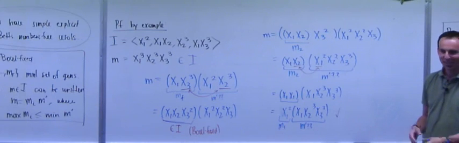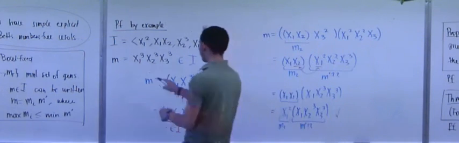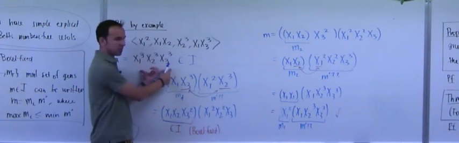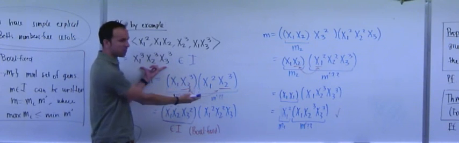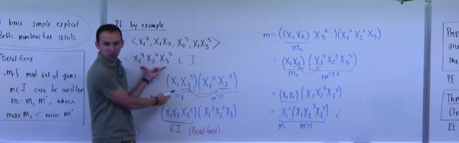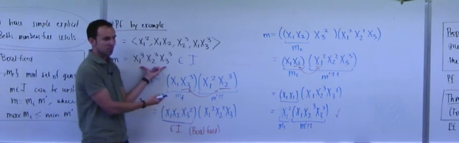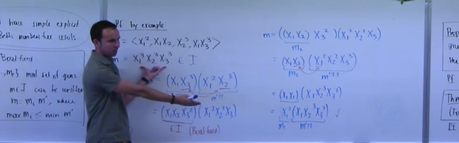I did it in exactly the wrong way. I said, well, I want to generate this m, and let me generate it in some random way, but I generated it in the worst way, which is making this guy the biggest possible. Really what I should have done, and what you want to do, is do it with the smallest guy possible, and that's the end result of this algorithm.